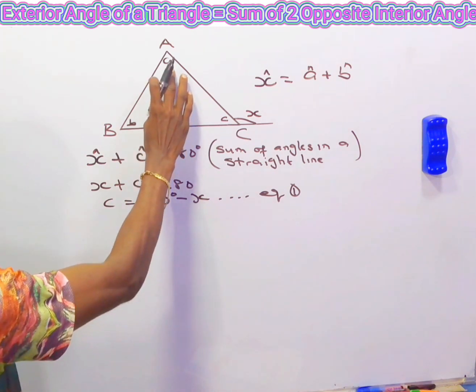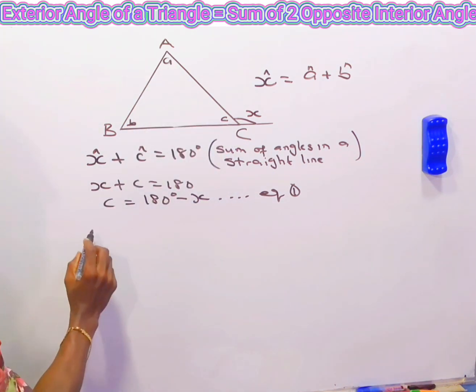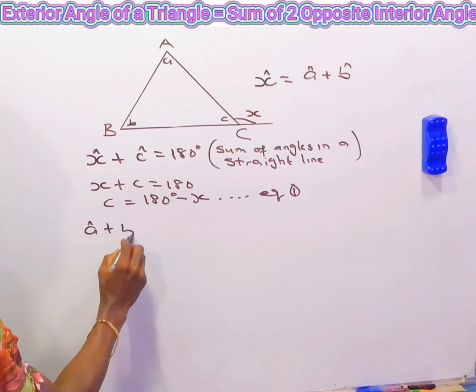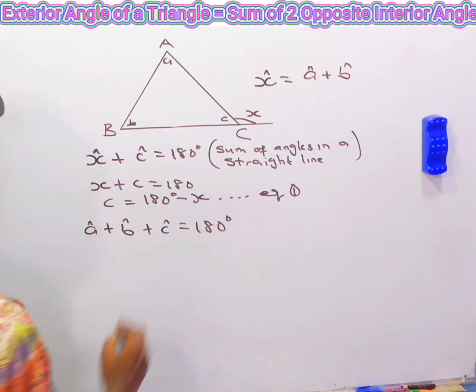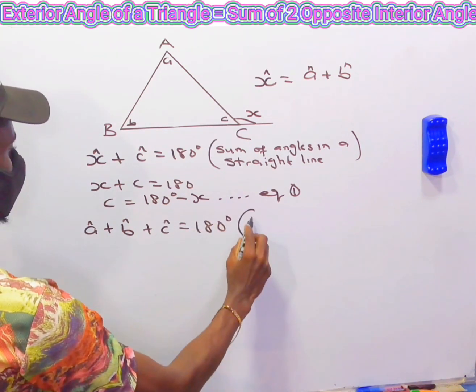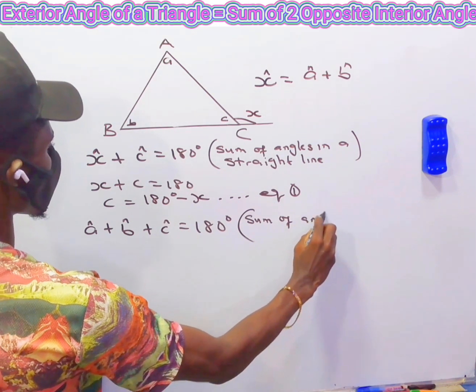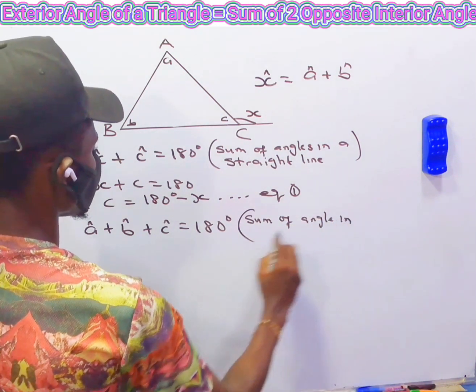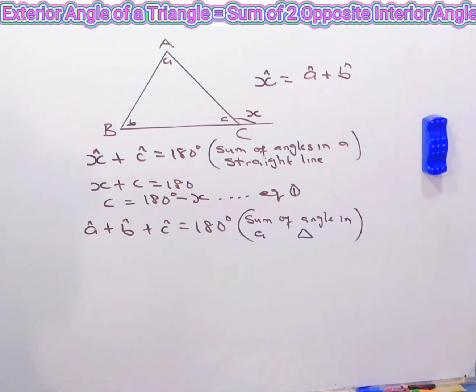Also, A plus B plus C is equal to 180 degrees. Reason: sum of angles in a triangle. The sum of angles in a triangle is 180 degrees.